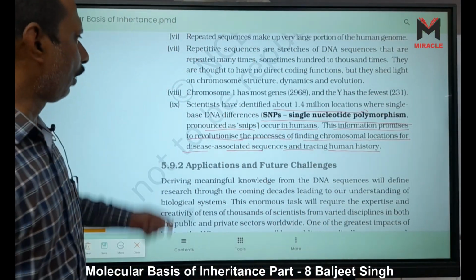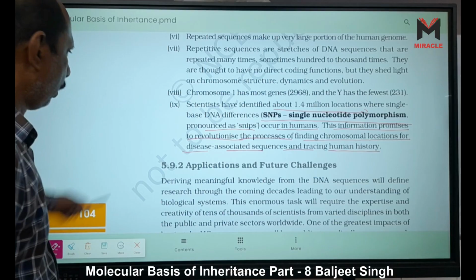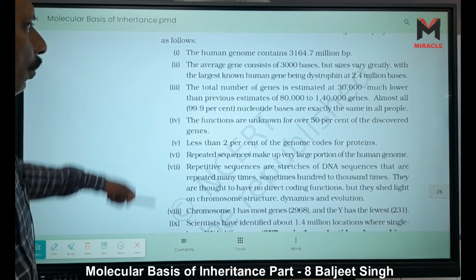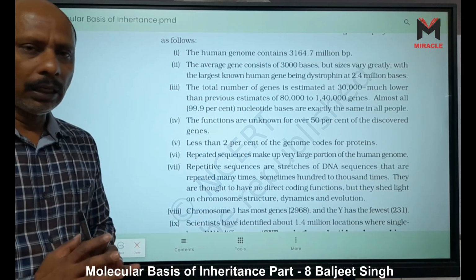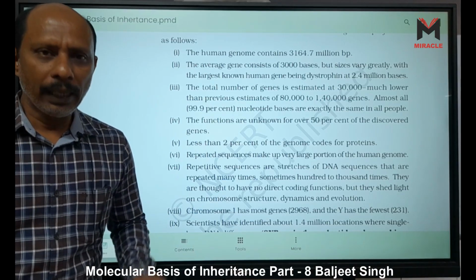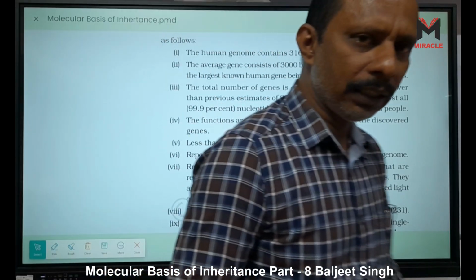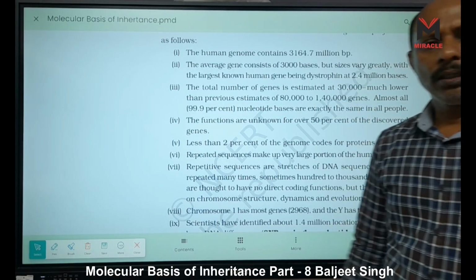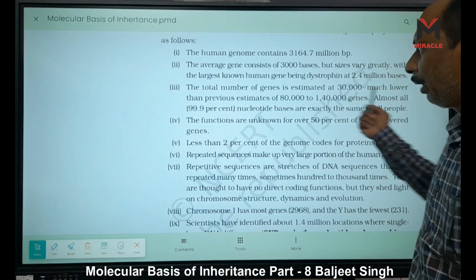So these are the salient features of the Human Genome Project. First, how many base pairs are there? 3164.7 million. Second, the average number of bases in a single gene is 3000. The largest gene is 2.4 million bases.